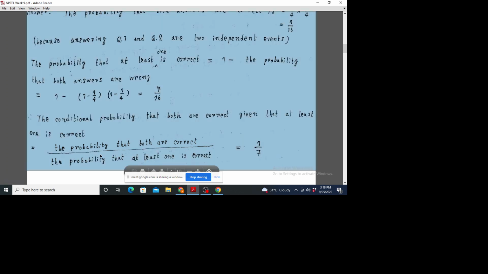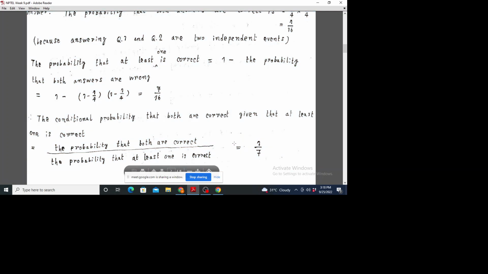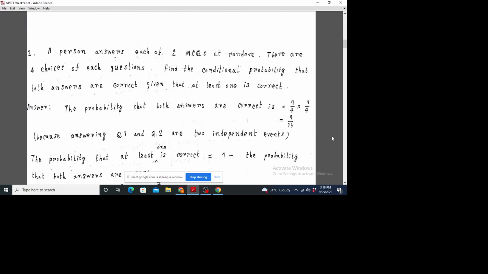So the probability that at least one is correct is in the denominator. So divide and you will get 1 by 7. So this is the answer to this question.